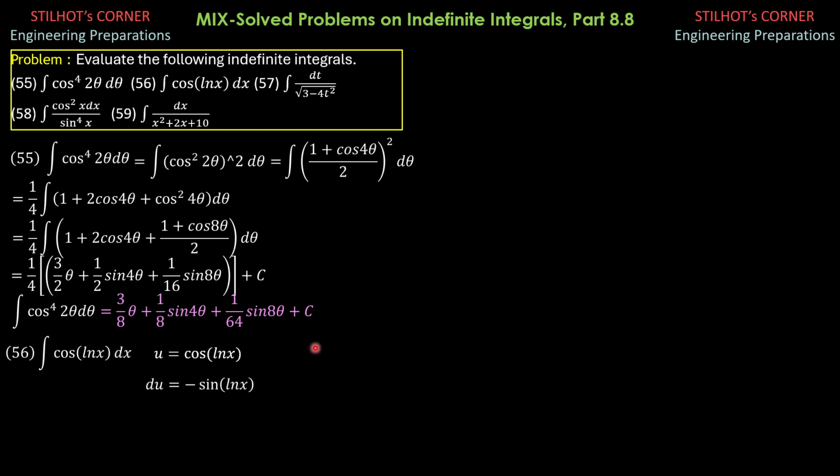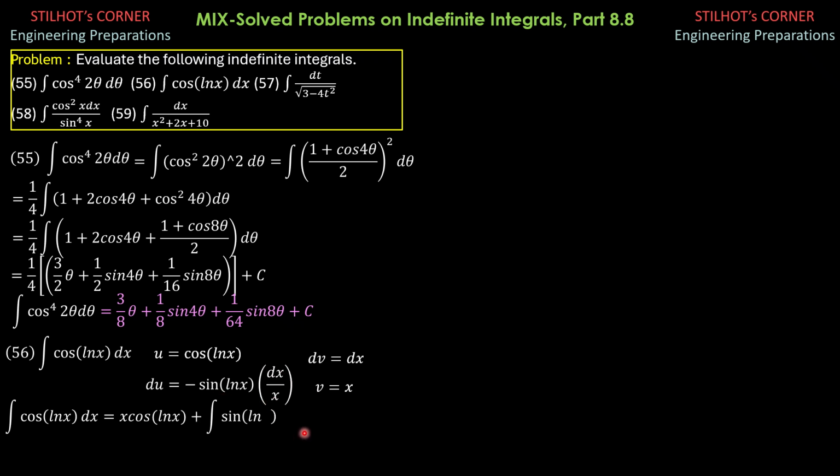So that means differential v is equal to dx, and integrating, v is x. So uv minus integral of v du. Integral of cosine ln x dx is x cosine of ln x, so minus negative, so plus integral of sine ln x dx.